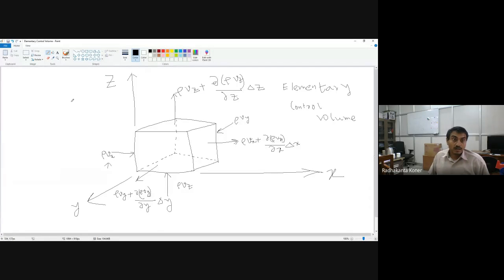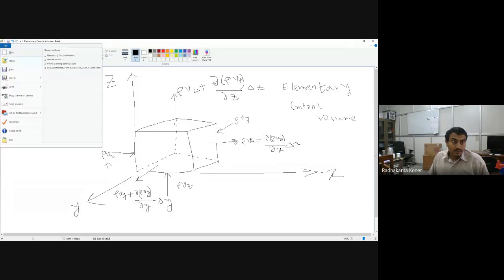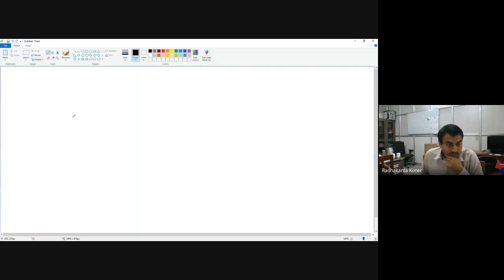Now we start a new one. I will put that earlier image later. So on the x, del y and del z face, because this was a block.